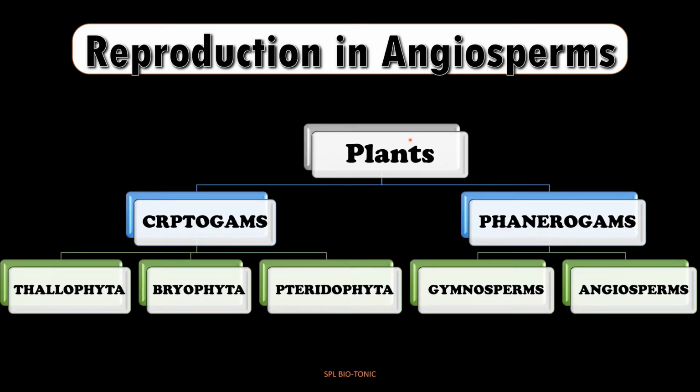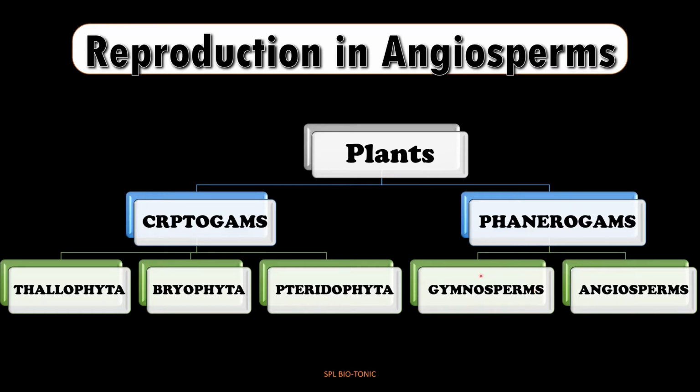As we all are familiar with classification of plants, these plants are broadly divided into two groups, cryptogams and phanerogams. Now, cryptogams are further divided into thallophyta, bryophyta, and pteridophyta, whereas phanerogams are further divided into gymnosperms and angiosperms.